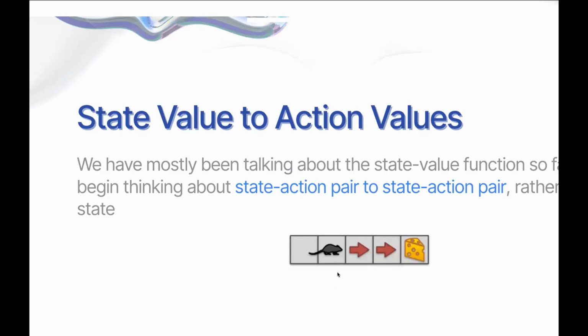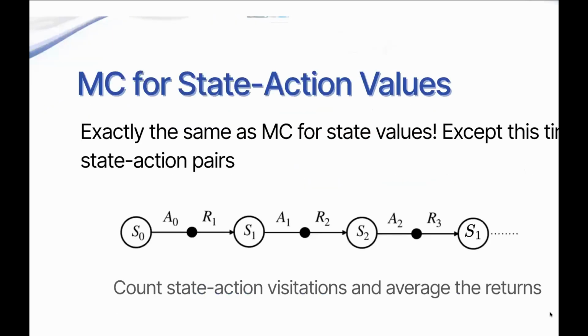So let's say you have a mouse getting to the cheese. State to state would be for V. State action to state action would be from state 2, the right action, to state 3, the right action. Okay, start thinking about Q now, because Q is state and action.